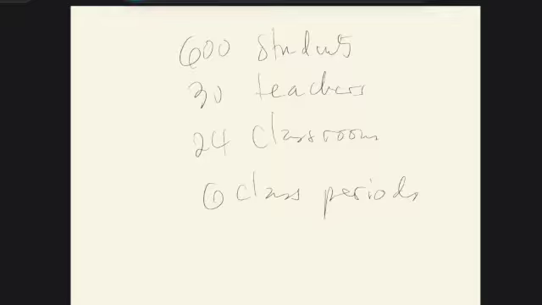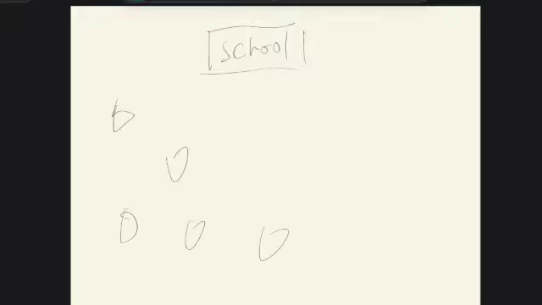Okay. Next, let's attack the mathematics of school buses. So let's say this is our school. You have one house here, one house here, one house here, one house here, one house here, and more houses.